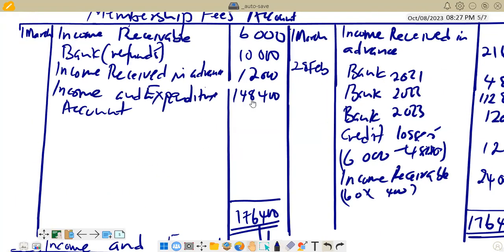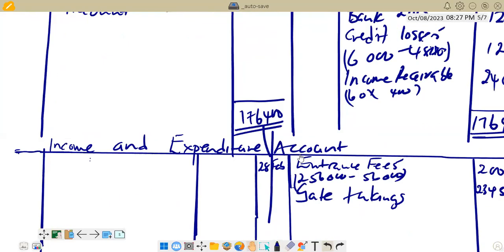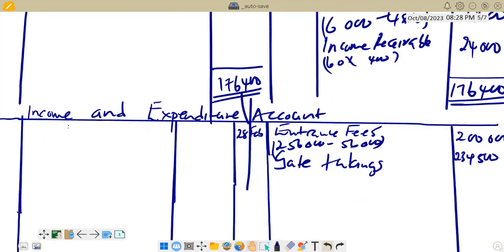This balance, 148,400, we are going to input it under income and expenditure as membership fees. Right. Membership fees, the amount that we got there was 148,400. Okay, let's try to remove this.